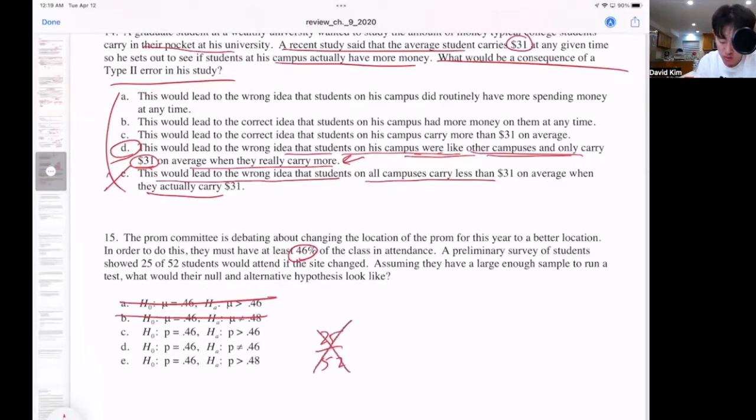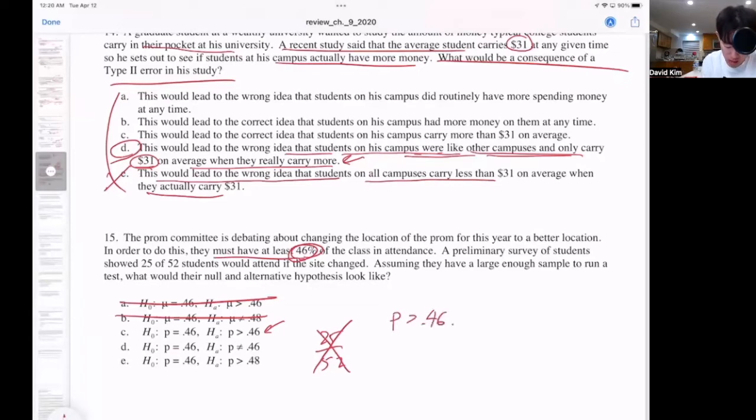Guys, remember this has really nothing to do with stating the null and alternative hypothesis. It's always dealing with whatever they declare in the first place. Assuming they have a large enough sample to run a test, what would their null and alternative hypothesis be? So we are talking about having at least 46%, which means it's got to be 46 or greater percentage.